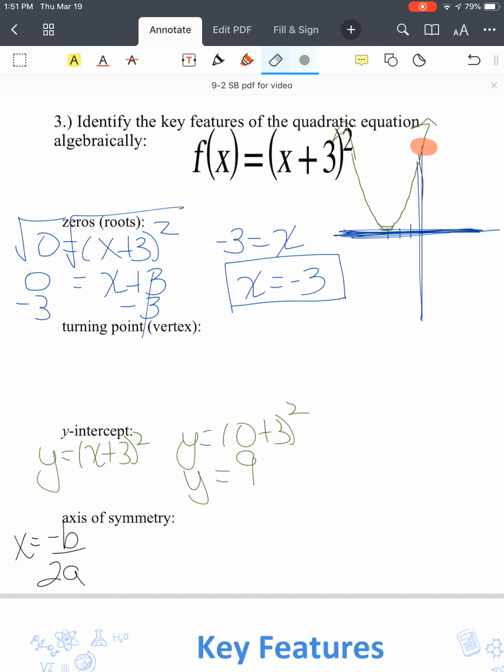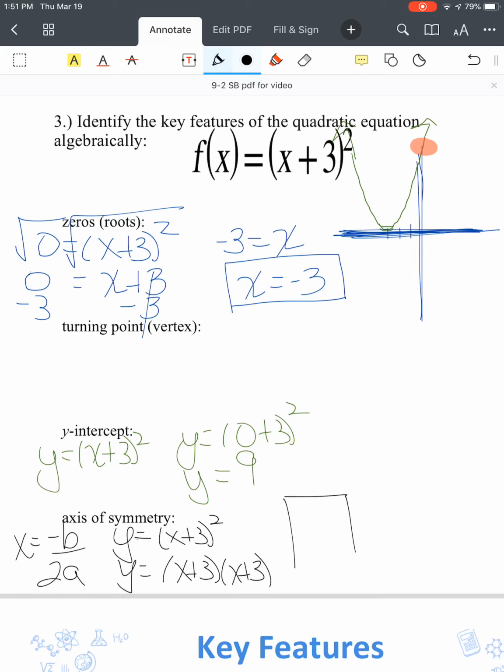So we have y equals (x plus 3) squared. That's the same as (x plus 3) times (x plus 3). I know we like to do the box, so we need to multiply that out. So I get x squared plus 3x plus 3x plus 9.